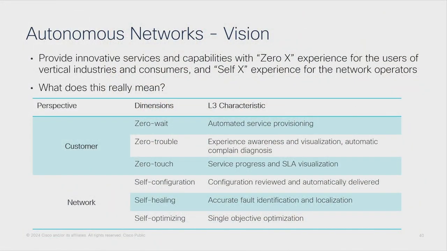Well, it really depends on the perspective from which you are looking at autonomous networks. We have the customer perspective. Basically, this is describing the services and the capabilities that are seen by the user, by the customer of the network. And on the other side, we have the network operator perspective.